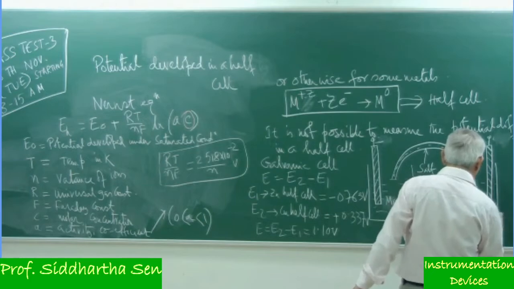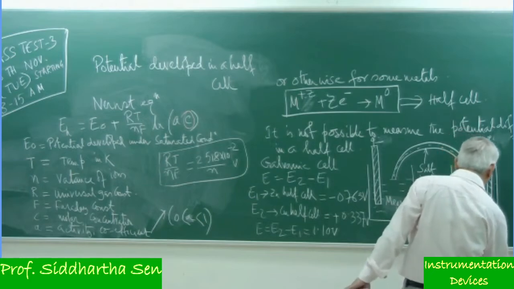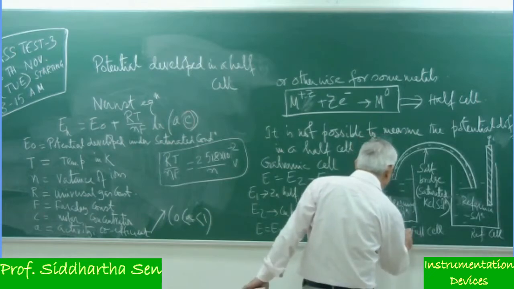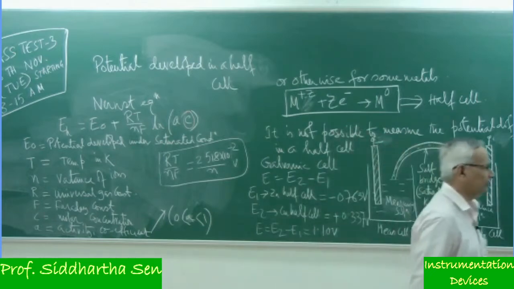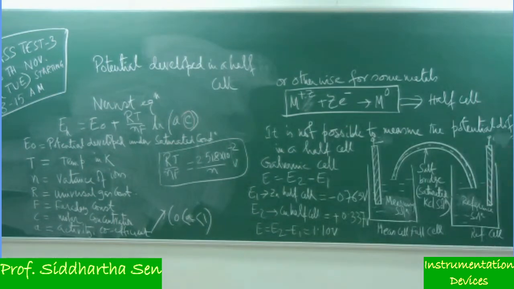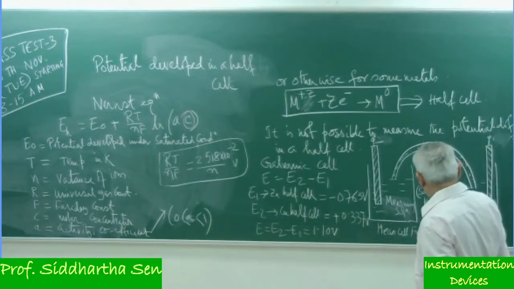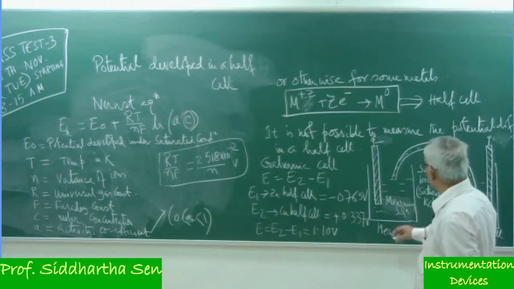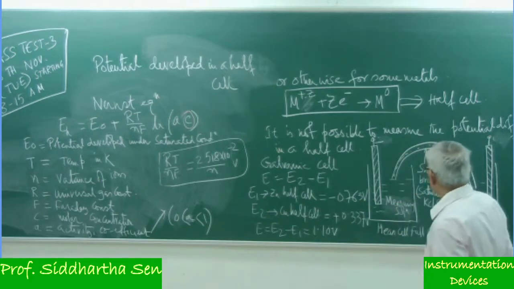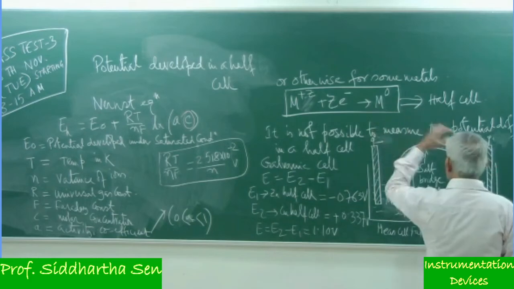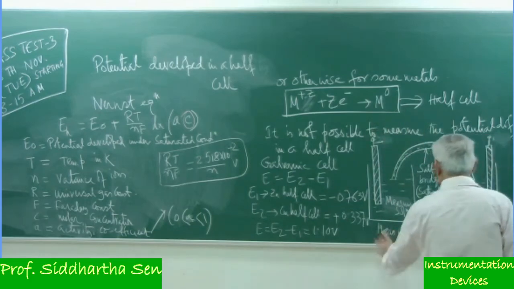That means one is a reference cell and one is a measuring cell. In the reference cell, the concentration and all the potentials are constant, but in the measuring cell the concentration is changing. So naturally, the output voltage E2 minus E1 would be a function of this.